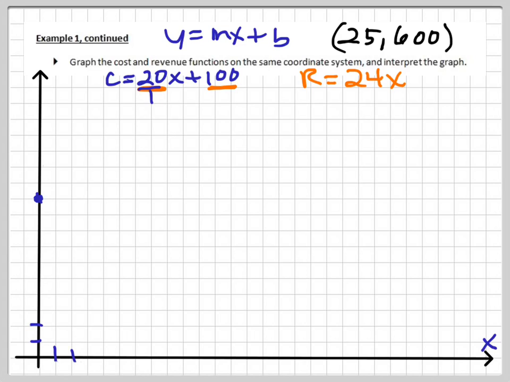Alright, so let's see. I need to get up to 600 on my y-axis, and I didn't even have quite 20 lines. I may have 15 here. 6, 8, 10, 12, 14. Yeah, I have 15 or 16 lines. So maybe I could go up by 40s instead.